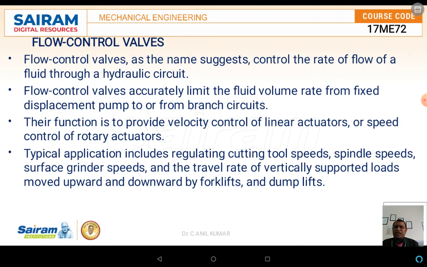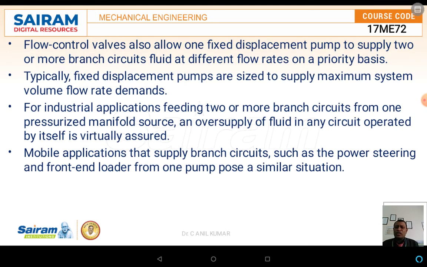Now here in this case, by using typically a flow control valve, it is very difficult to control the action, or to control the unit quantity of the flow of air into the cylinder. See, that is very difficult.